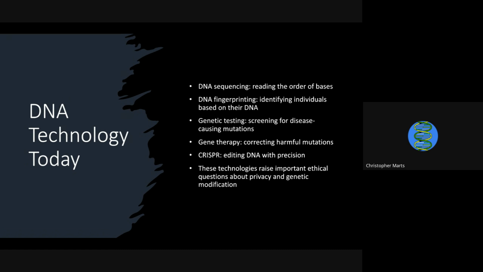But the other side of this is what we can do with it down the road. So it's not just identifying people right now, but we can test for specific genes that might cause diseases like cancer.